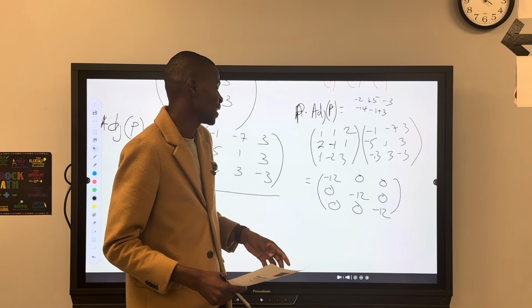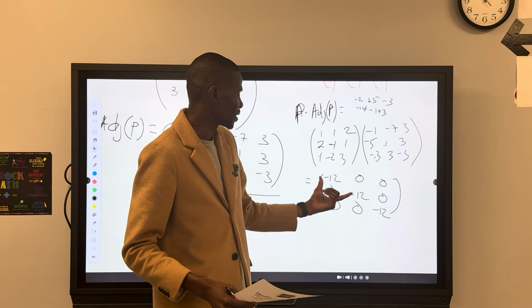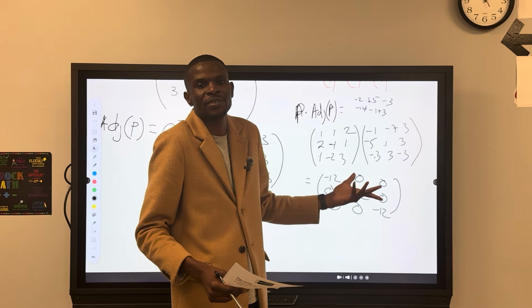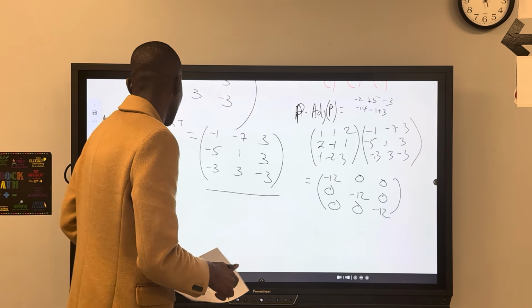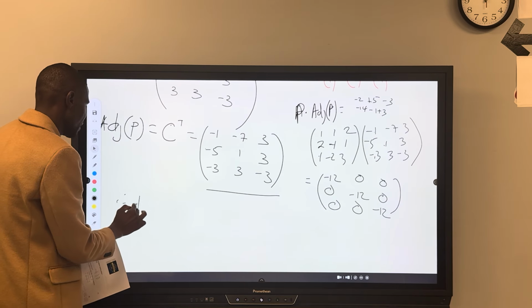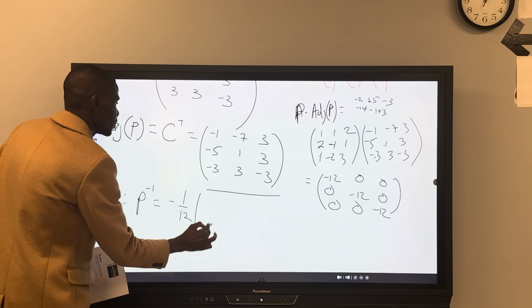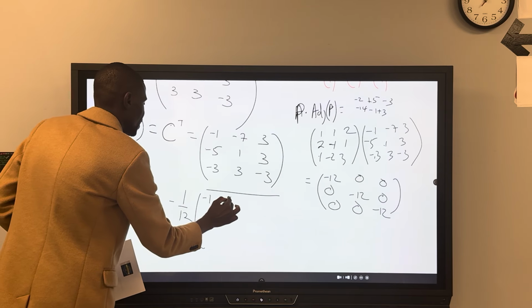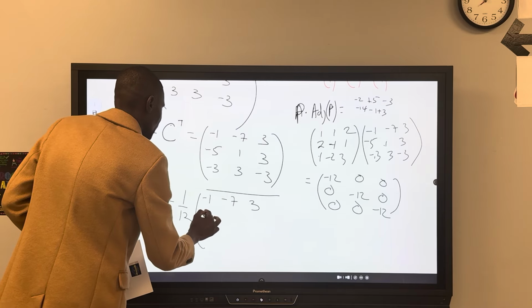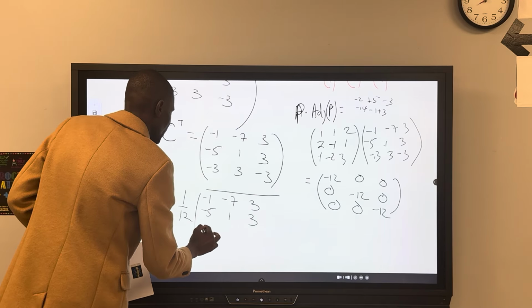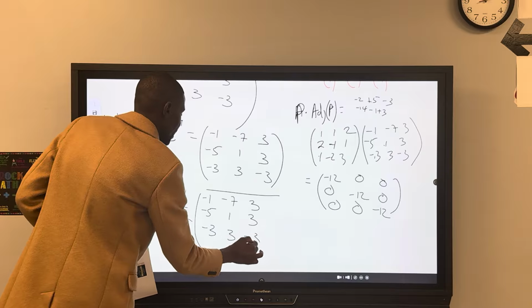So like what I said, it should be a diagonal matrix. So this value here should be our determinant, which is -12. So everything is correct. Therefore, to find the inverse is just -1 over 12 multiplied by -1, -7, 3, -5, 1, 3, -3, 3, -3.